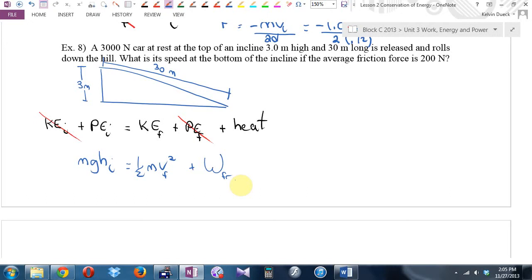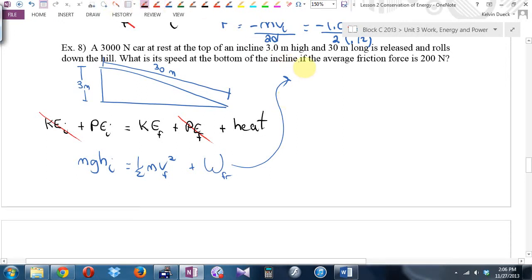Do the masses cancel here? No. Okay. What's this question asking me to find? V final. Let's subtract the work done by friction to the other side as our first step, because I've never done this equation before. I'm going to be a bit more careful and not do quite as much in my head.